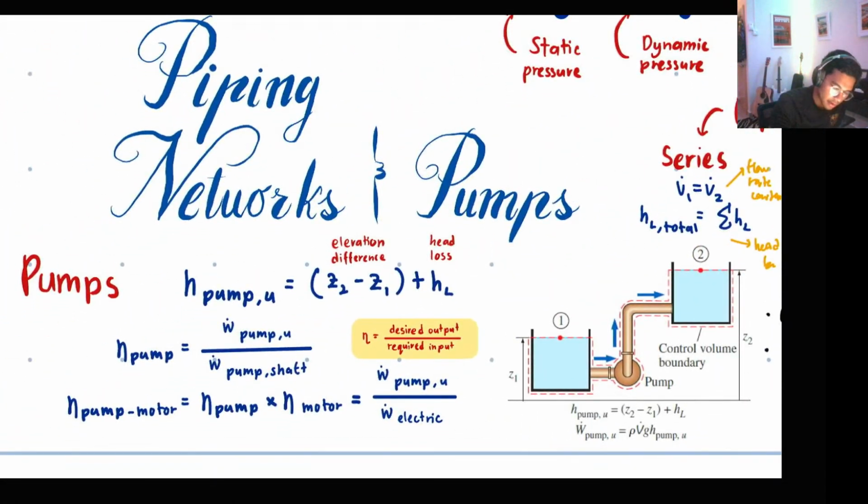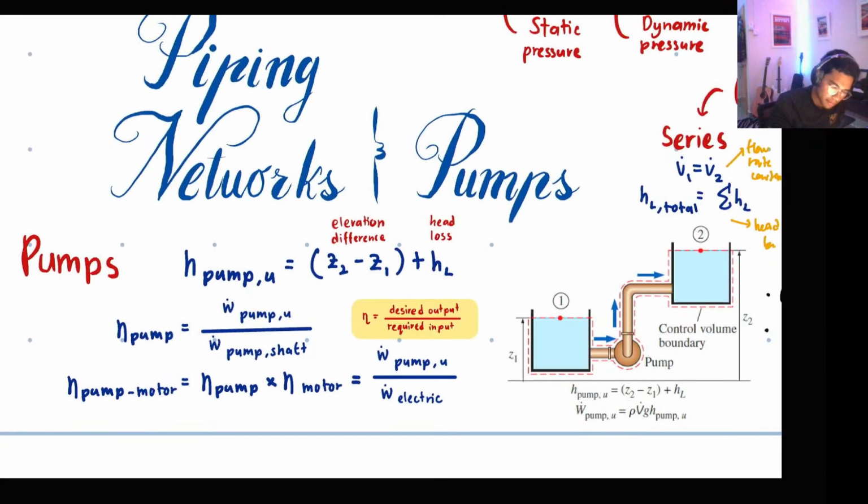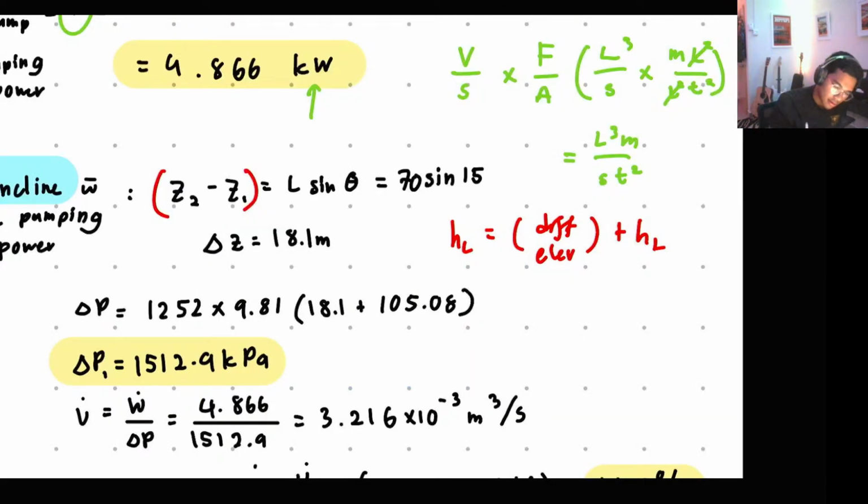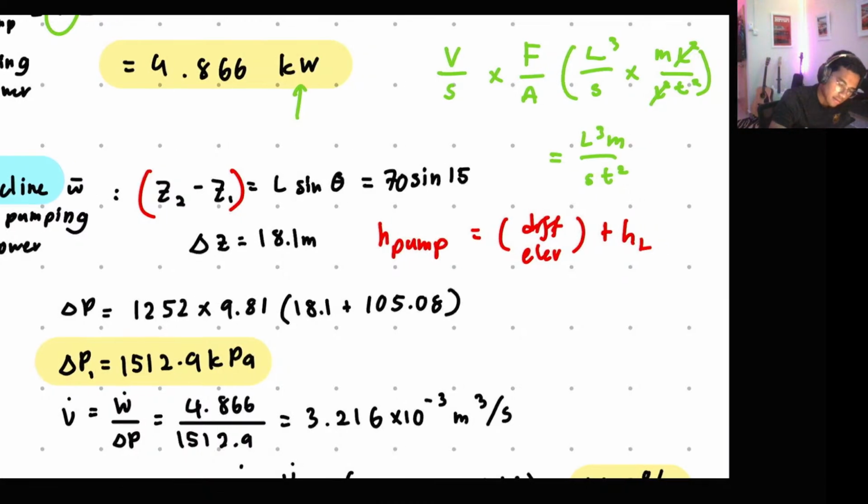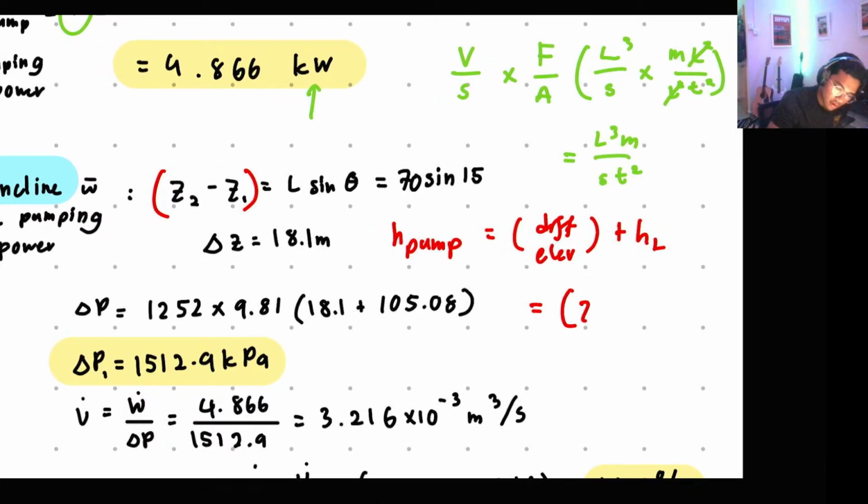Ni H pump. Remember this? H pump equals the difference in elevation plus the total head loss, which is Z2 minus Z1 plus HL.